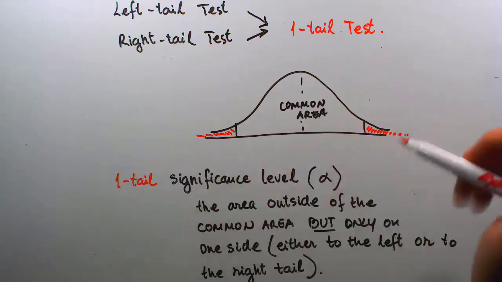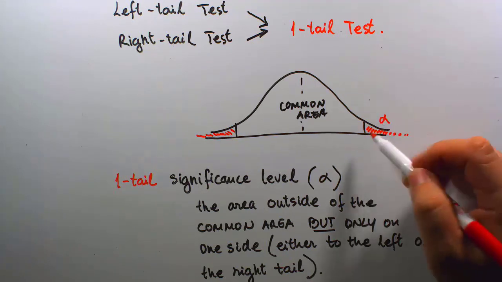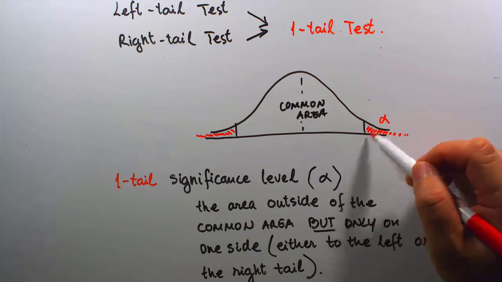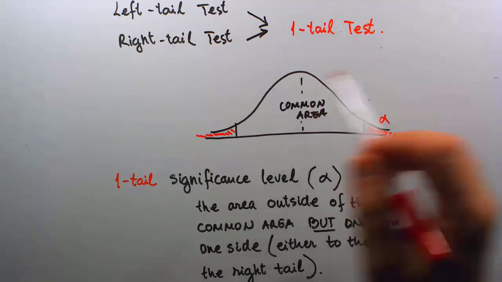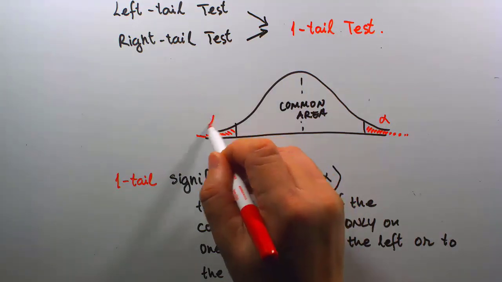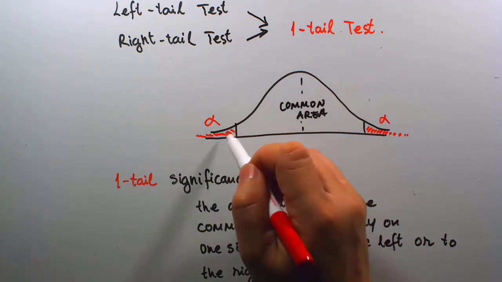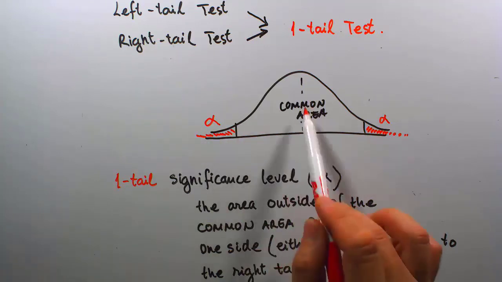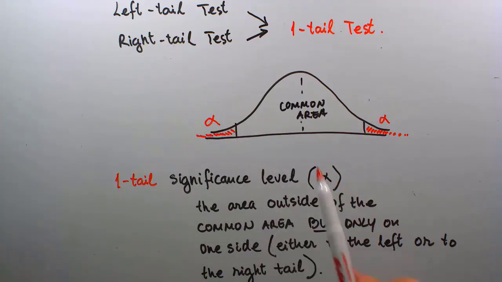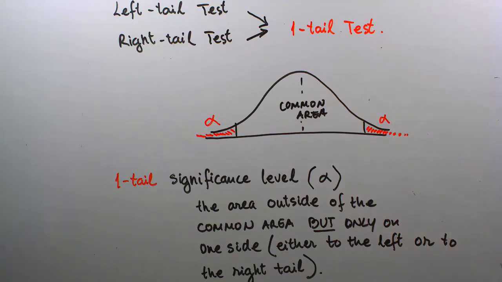Any bell curve, then the significance level is the amount, how big that little tail to the right-hand side outside of the common area is, or here's another amount of being alpha, how big that little tail area to the left outside of our common area is. So there's an alpha value here and there's an alpha value there, and that's what it means by being a one tail significance level.